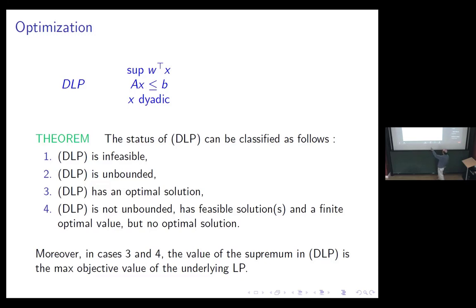It has feasible solutions. It has a finite optimum value, a supremum, but no optimal solution. So in cases 3 and 4, the value of the dyadic LP is just the maximum objective value in the underlying LP.